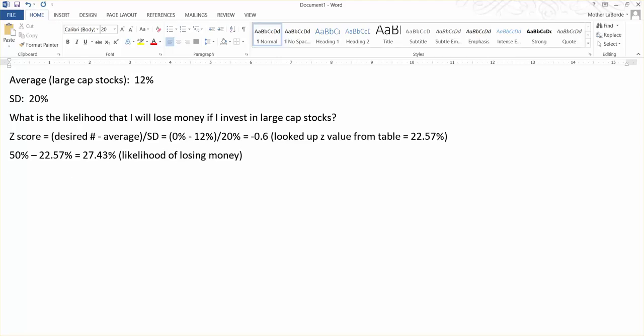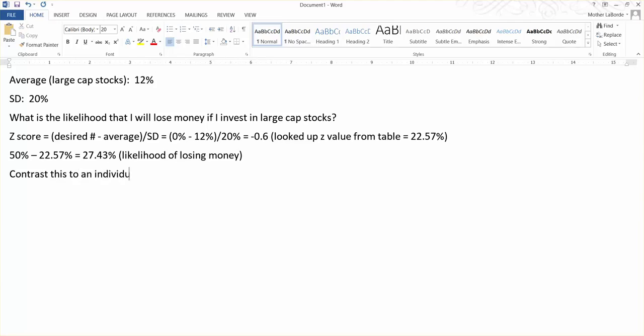Now let's contrast this to an individual stock. Remember the returns that I had on that spreadsheet back in chapter 3 were the returns on the Standard & Poor's 500 index. So it was a group of 500 different stocks.